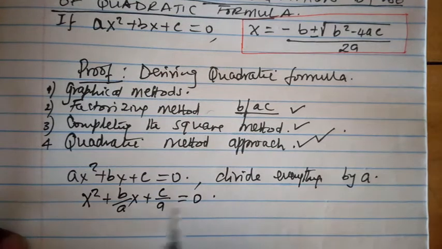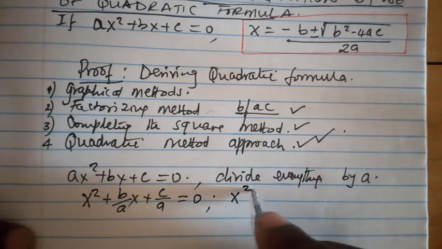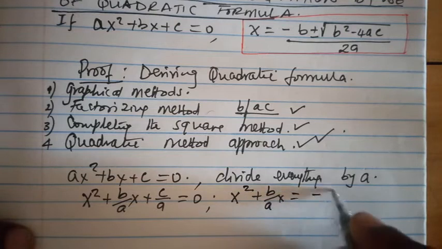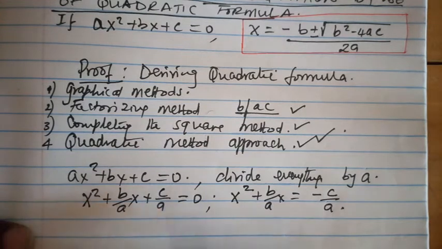At a particular point, we can already say that x squared plus b over a x is equal to minus c over a. Fine. We just brought this term across so that we can now complete the square of the left-hand side.